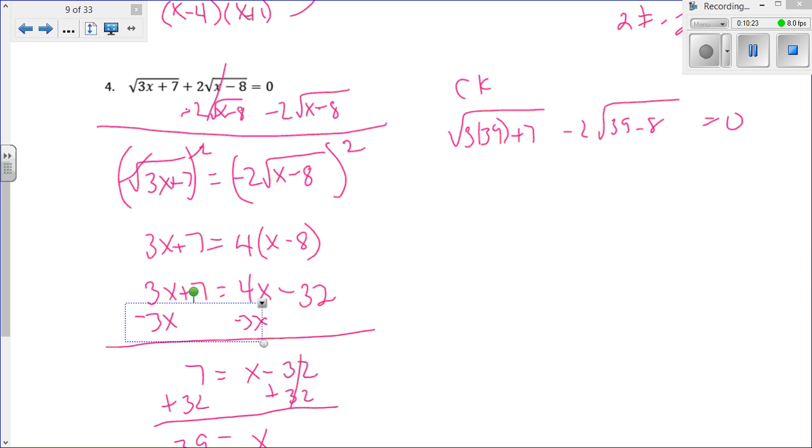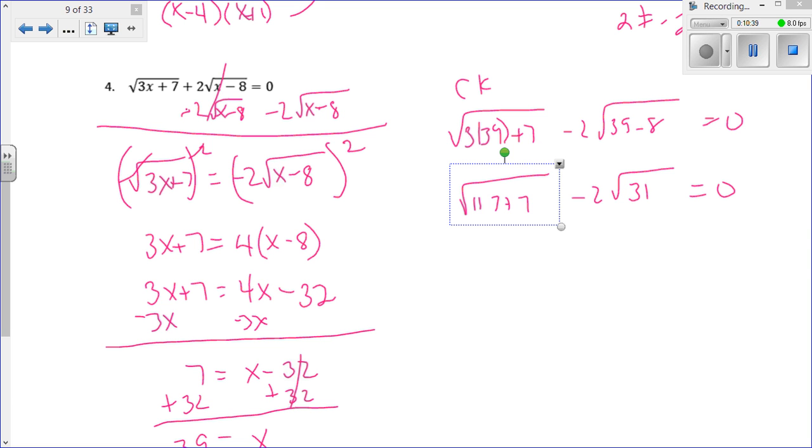Well, 3 times 39 is 117 plus 7 minus 2 times 31 equals 0. And this would be the square root of 124 minus 2 radical 31.